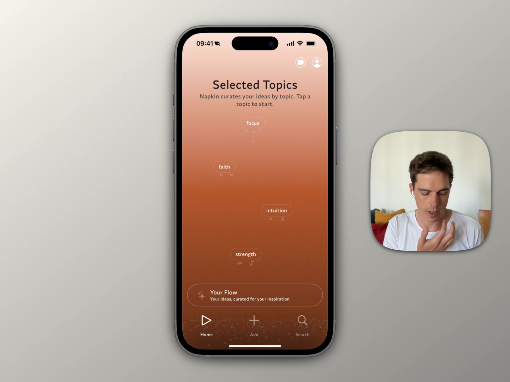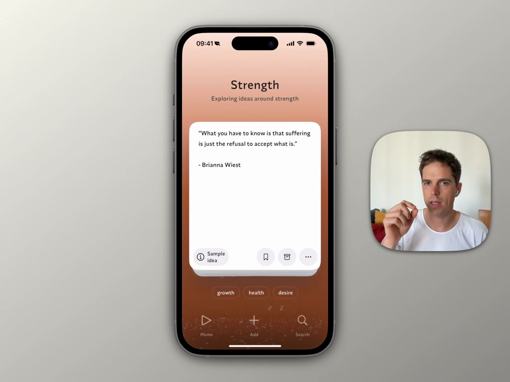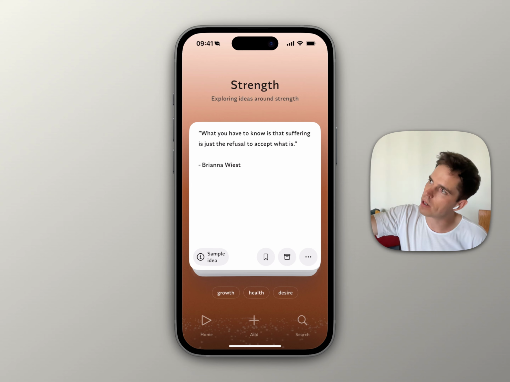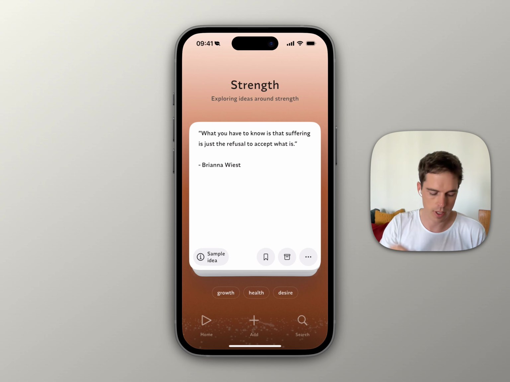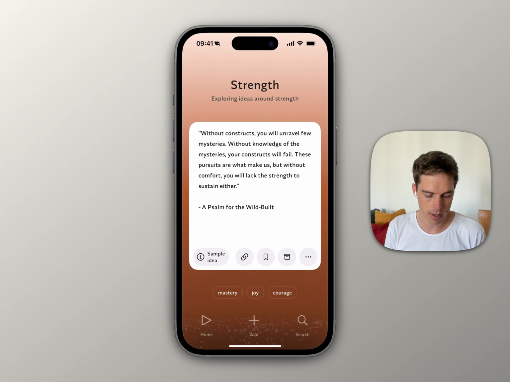For example, if we're looking at the screen here, strength might be one of those words. When I tap this, it goes to the spot in n-dimensional space for strength, looks at what cards are around that, and shows them here. For every card I see, below the card I also have other topics, in this case mastery, joy, courage.